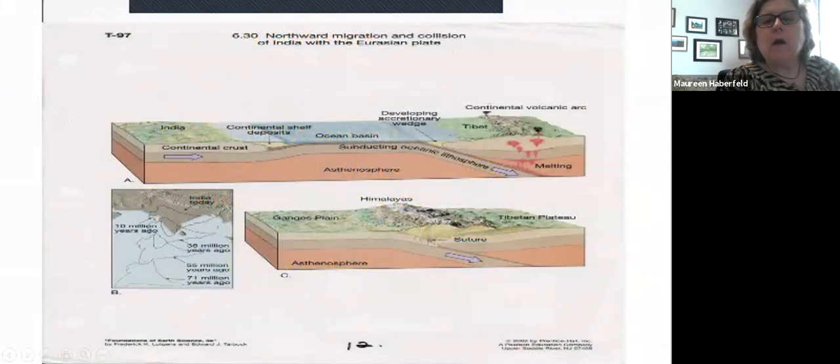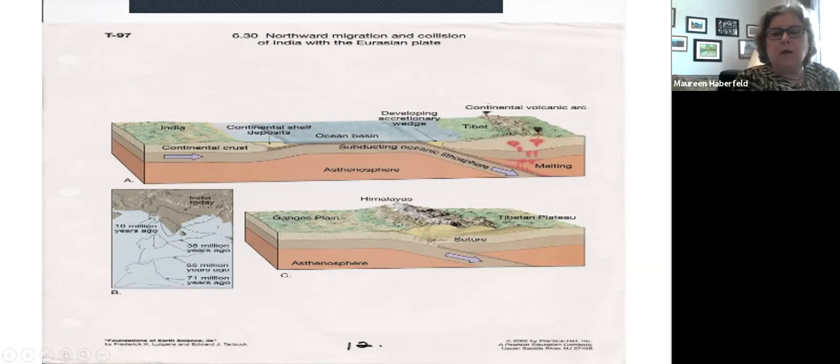So here is what's happened with continental convergence, where India, if you look at India 70 million years ago, it was down here, and it has slowly moved up towards Asia, and it has collided with Asia, continental convergence, and through that it built up the Himalayas, so the Himalaya mountains.